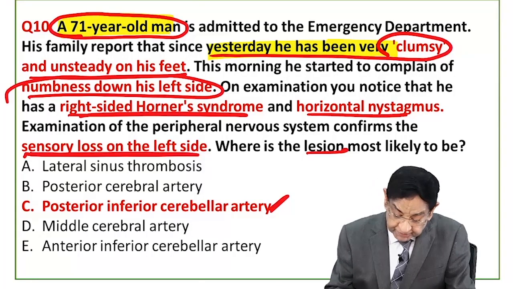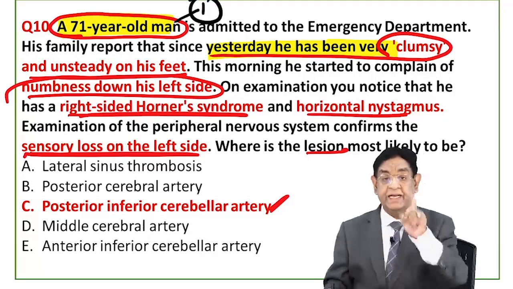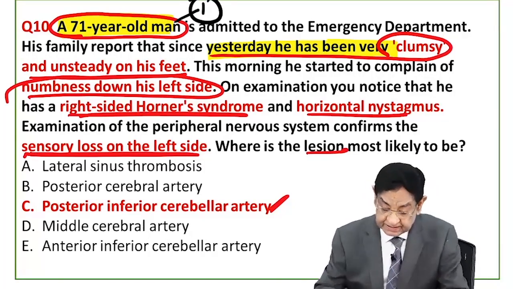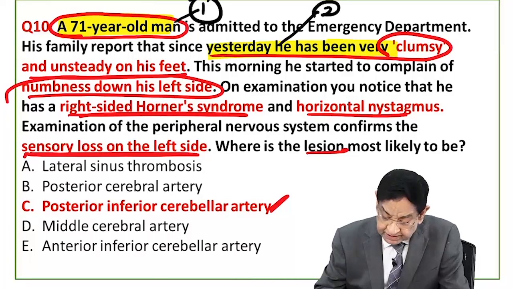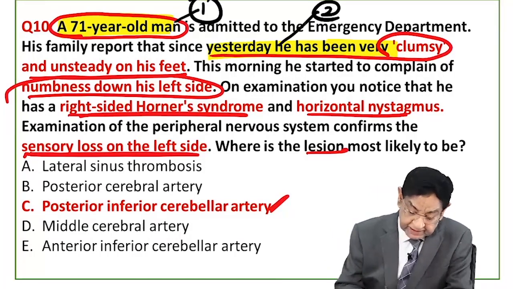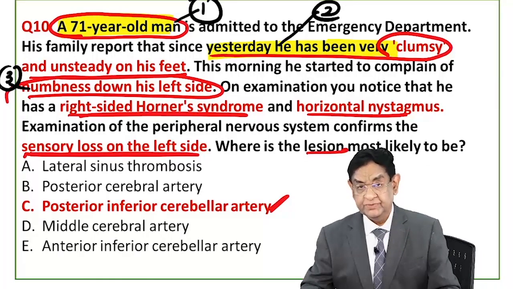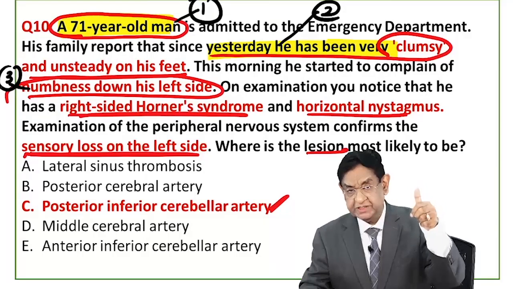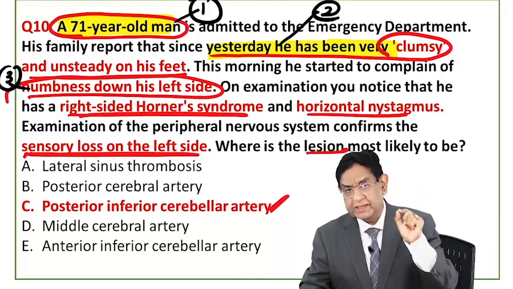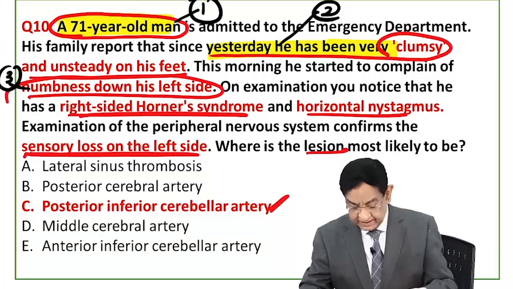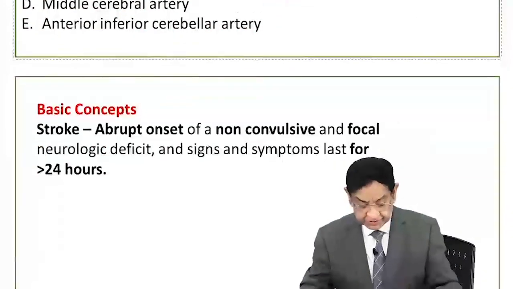The first keyword is the age, an elderly person. Second is sudden onset. Third is neurological deficit. With this background of age, the most important is sudden onset. Let's talk, and again I come back to the question.